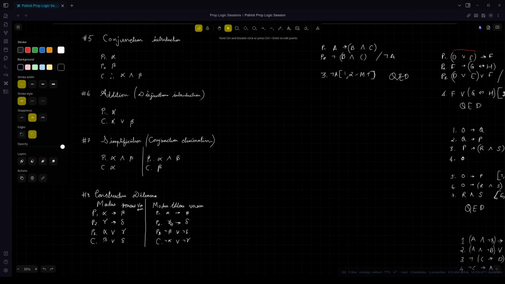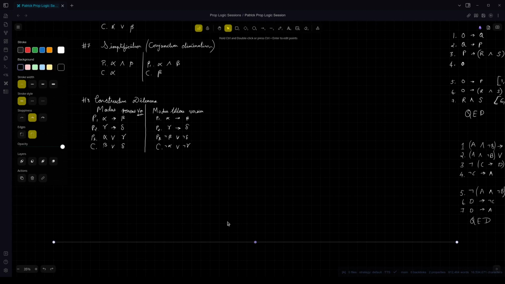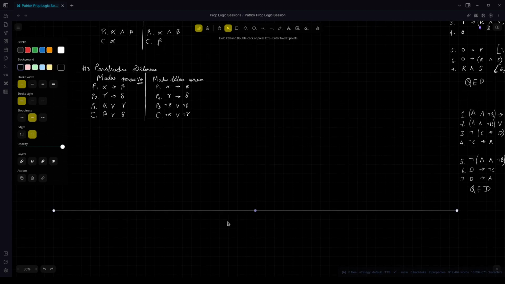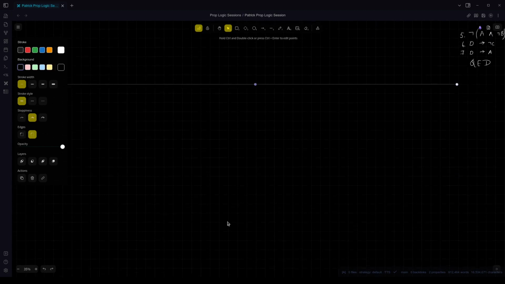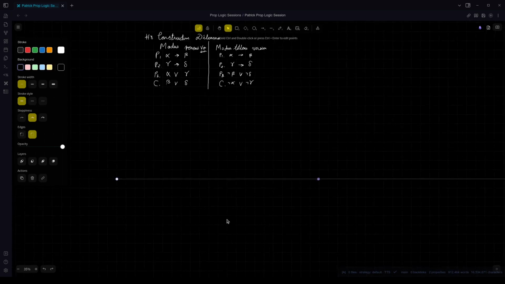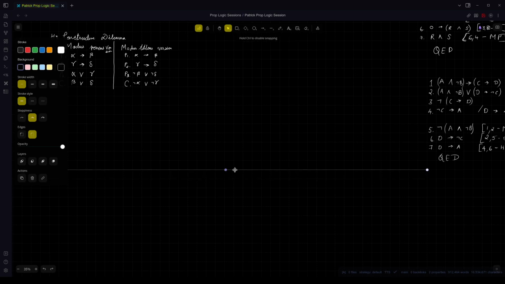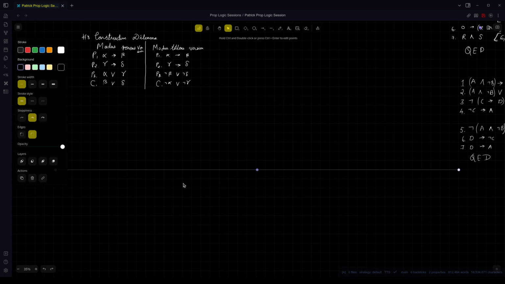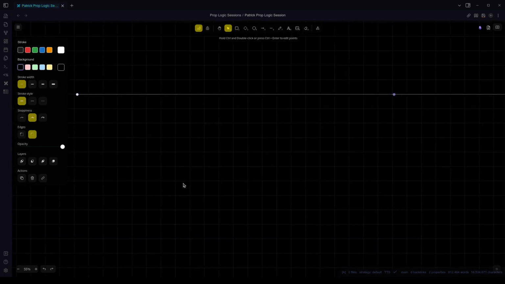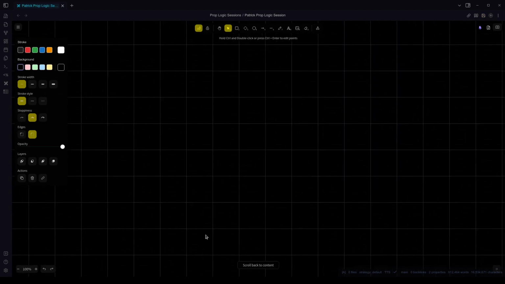Well, constructive dilemma is technically one, but there are two versions of it. One is a modus ponens version, and one's a modus tollens version. I had a look at the constructive dilemma, and I think it makes sense to me how it's constructed. Yeah, once you ponder over it, it eventually clicks into place.